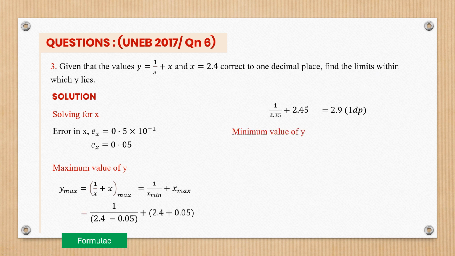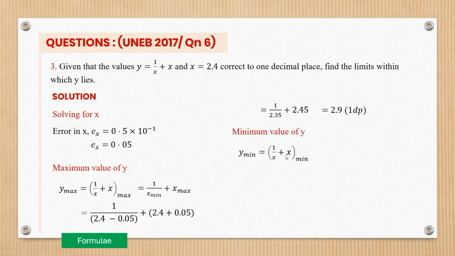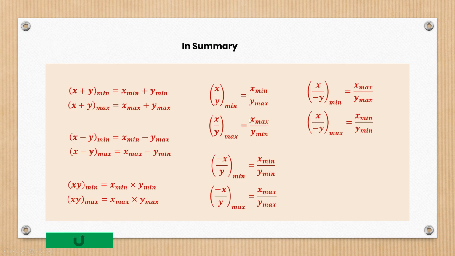Alright, so now when I look at the minimum value of y, this is what I'll also have. When we look at the minimum value in addition, we'll have x min plus y min. So we have x as min. But here, because this is also 1 over x, which is a positive quotient, I'll also look at the min where we have quotients. So I'll have the minimum at the top and the maximum at the bottom.